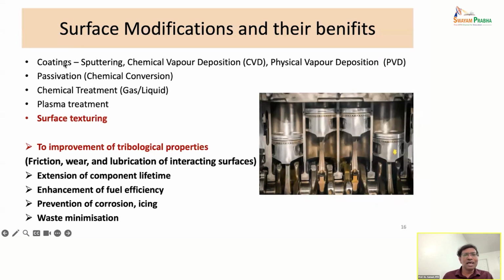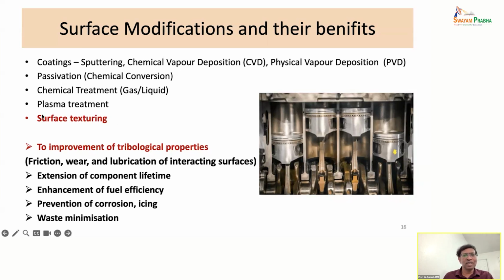Like you have coatings, where you can have a sputtering mechanism, or CVD and PVD. We can also have a chemical conversion, called passivation. Or we can give a chemical treatment, expose it to a gas, or put it in a bath of liquid, and the surface characteristics change. Or we can also have plasma treatment.